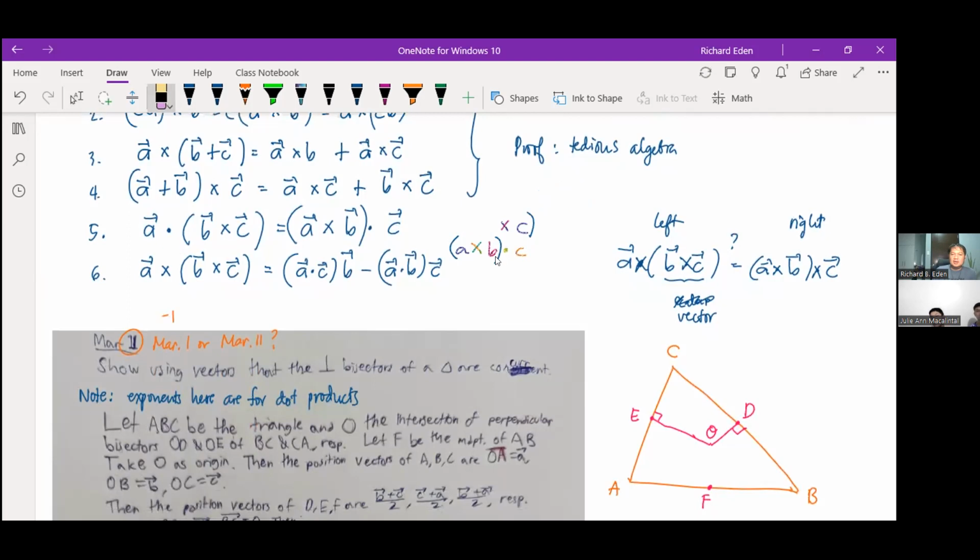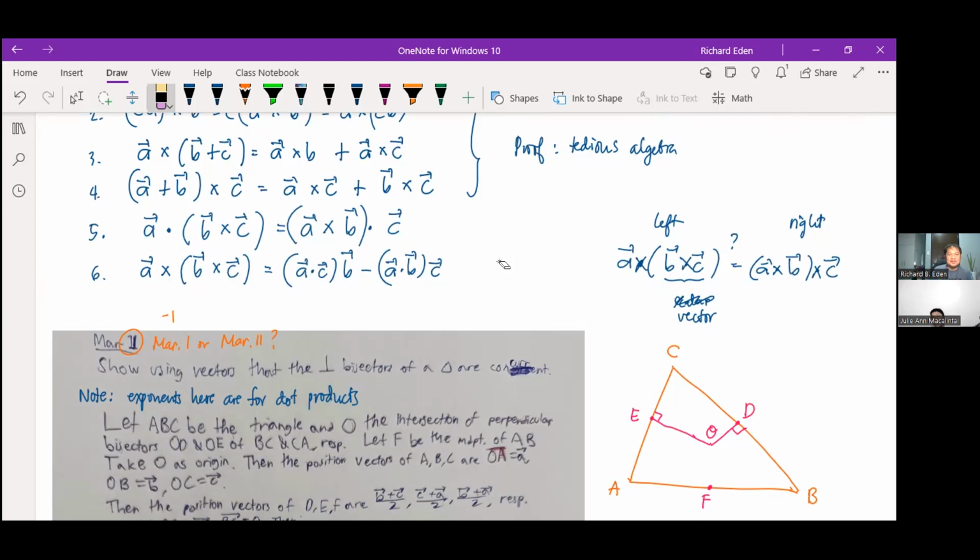Okay. And then number 6 is, what if you have 3 cross products? What number 6 tries to address is the question of whether cross multiplication is associative. We're going to see it's not.